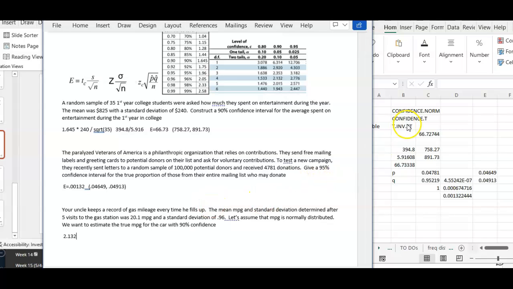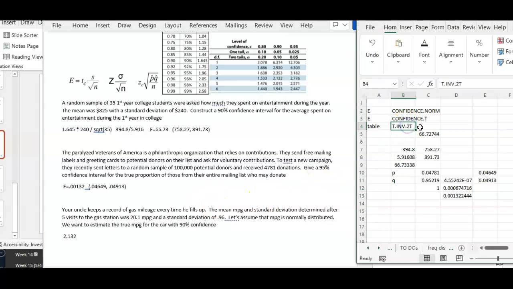I want to show you this formula here in Excel, t.inv.2t, which is what you can use instead of the table if you're so inclined. We put in our probability, or alpha, which is 1 minus the confidence level, so 0.1, and then the degrees of freedom was 4, and that returns that 2.132.